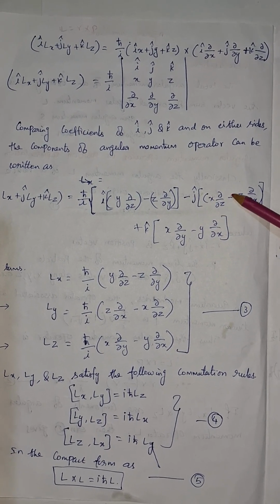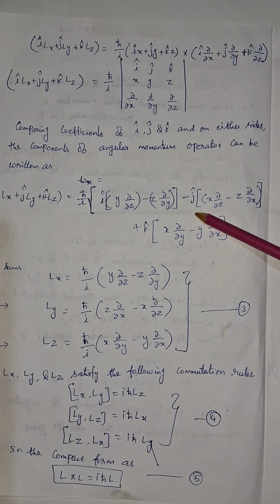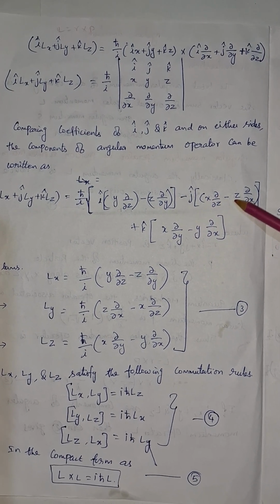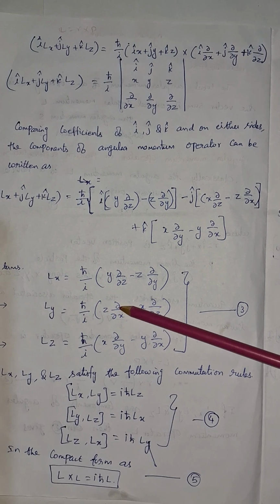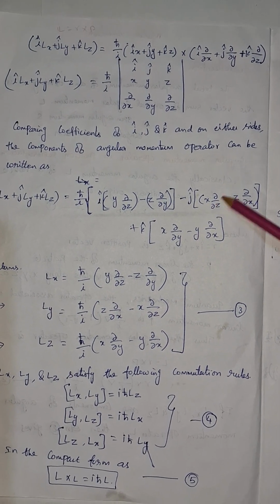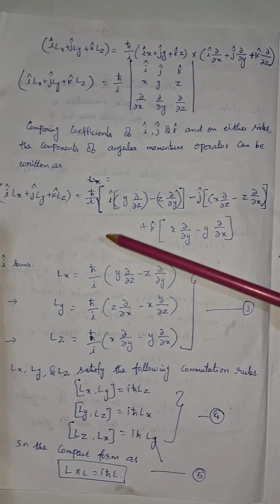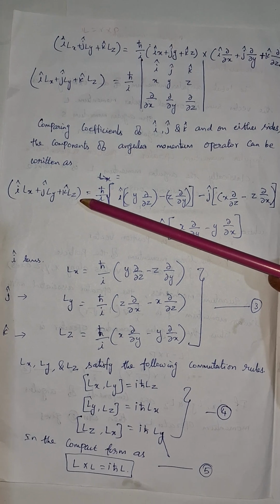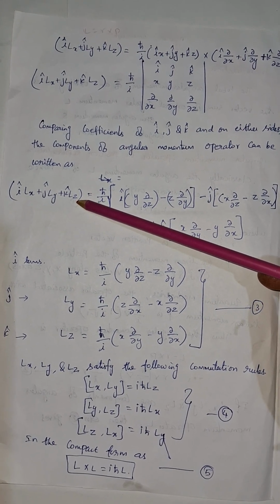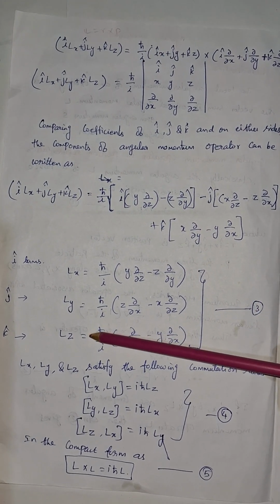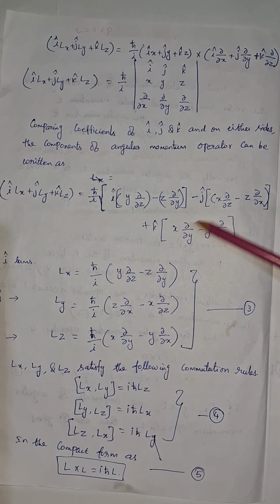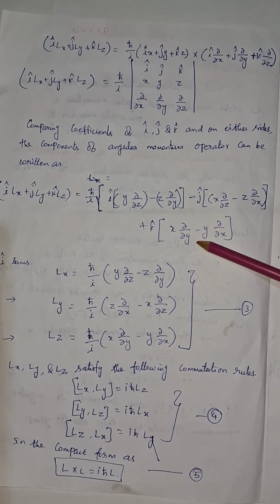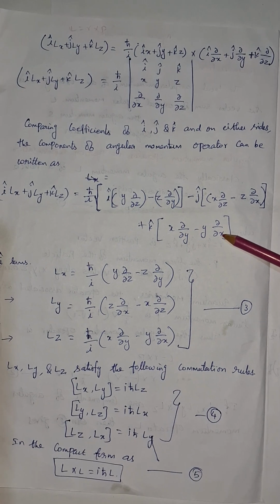This term can be rewritten as minus x dou by dou z plus z dou by dou x, so h cross by i into z dou by dou x minus x dou by dou z. Then compare the k coefficient. The k coefficient Lz on the left hand side, and on the right hand side h cross by i into x dou by dou y minus y dou by dou x.